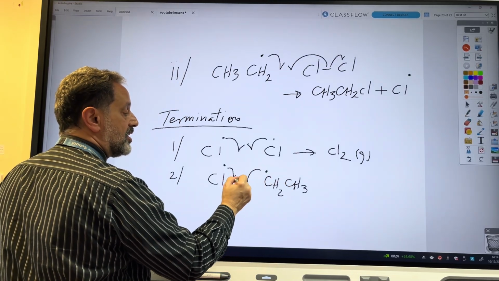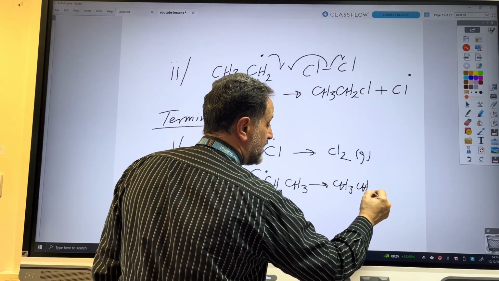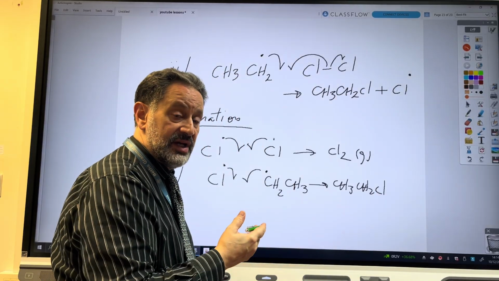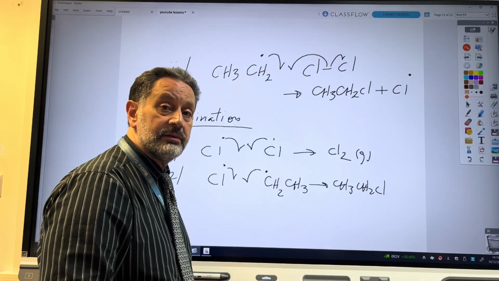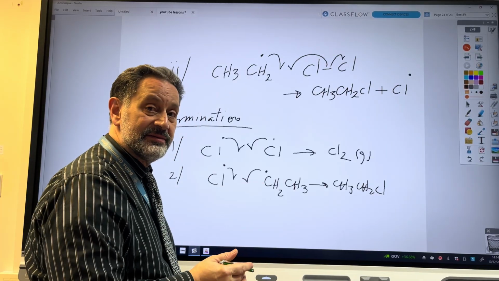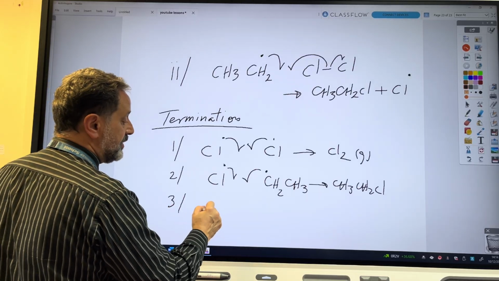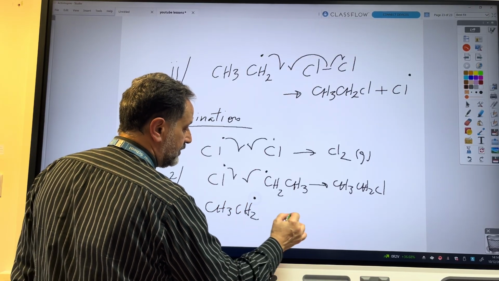So they come together, they produce CH3CH2Cl, which in fact is the intended product in this case, but then in doing so, they do not regenerate a free radical. So the reaction stops.